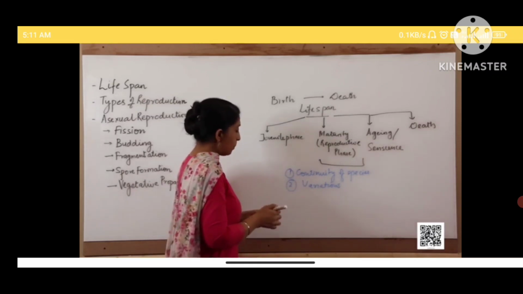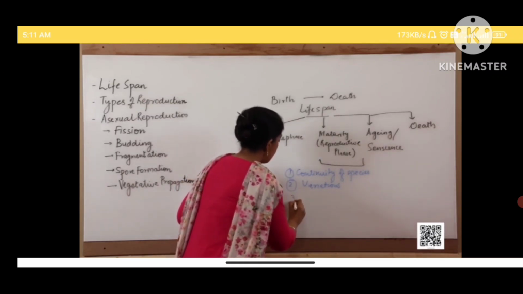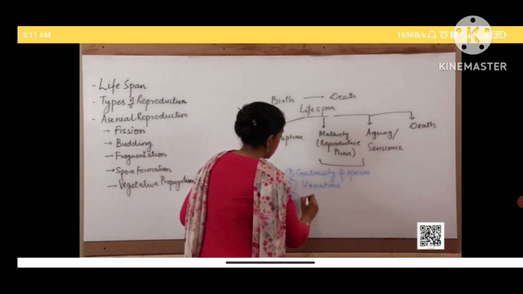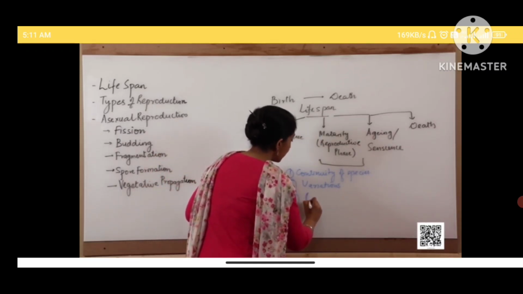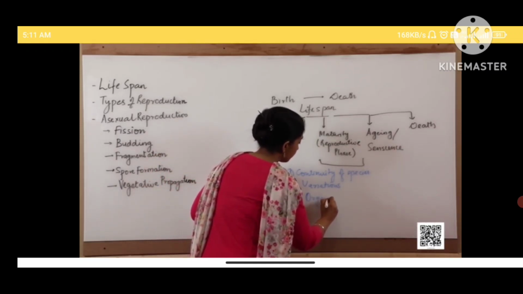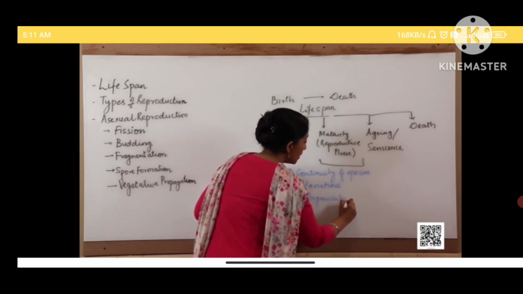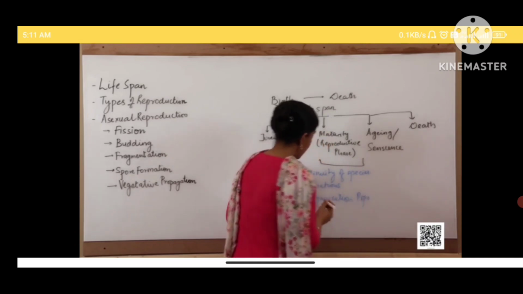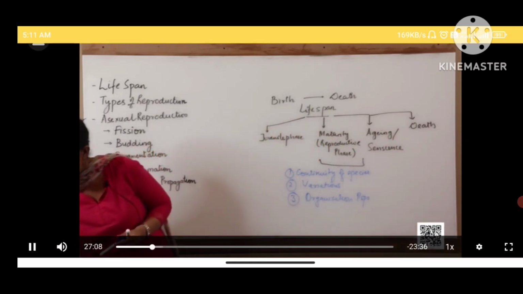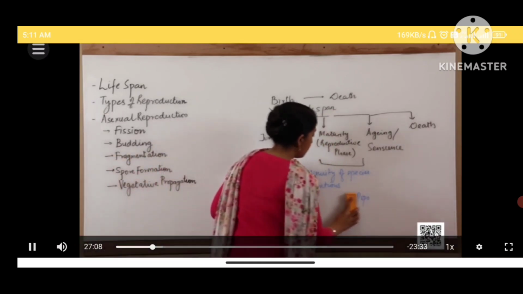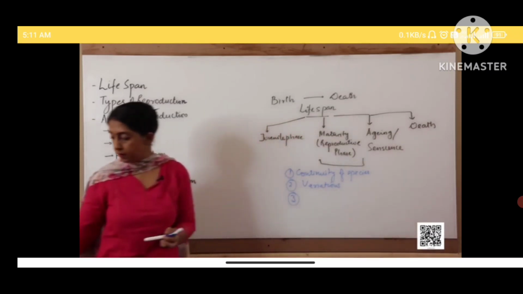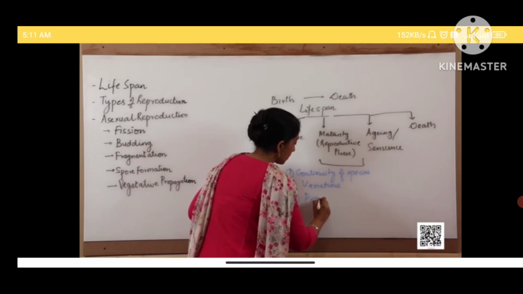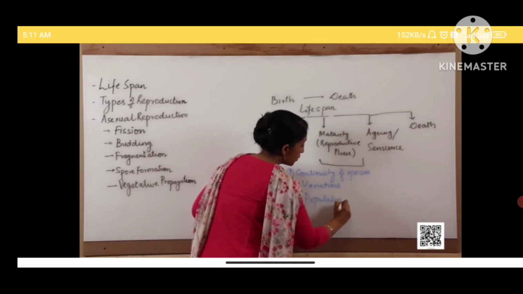Third importance of reproduction is the population organization. Now, what is population organization?